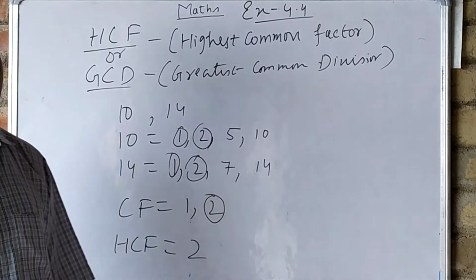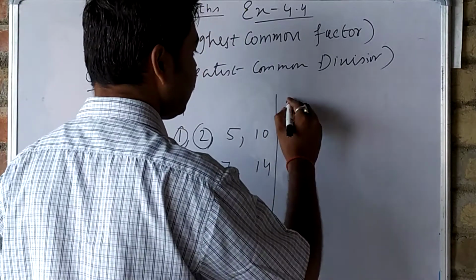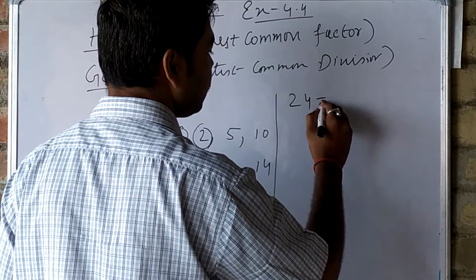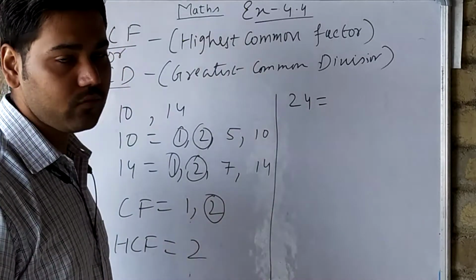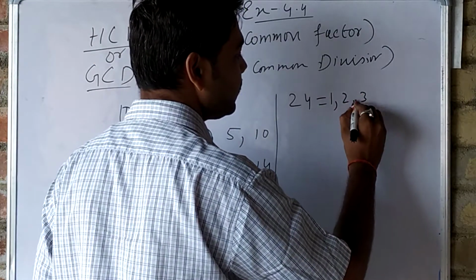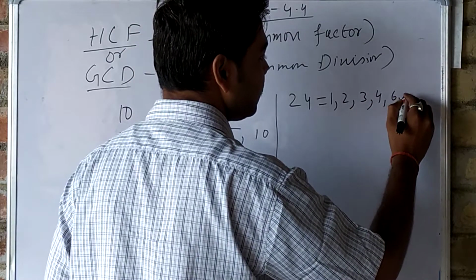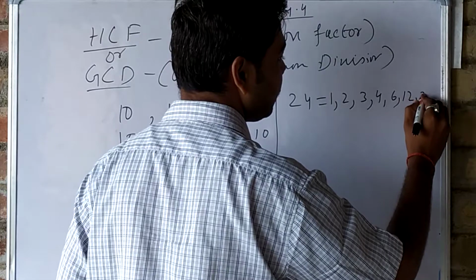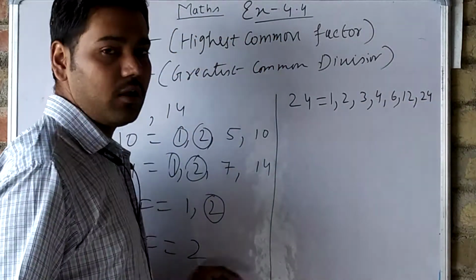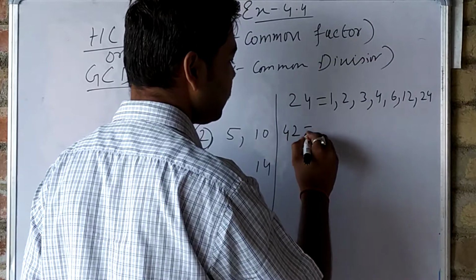Now, let us take one more example. 24. The factors of 24: 1, 2, 3, 4, 6, then 12 and 24. Understand? And let us take one more number, 42.